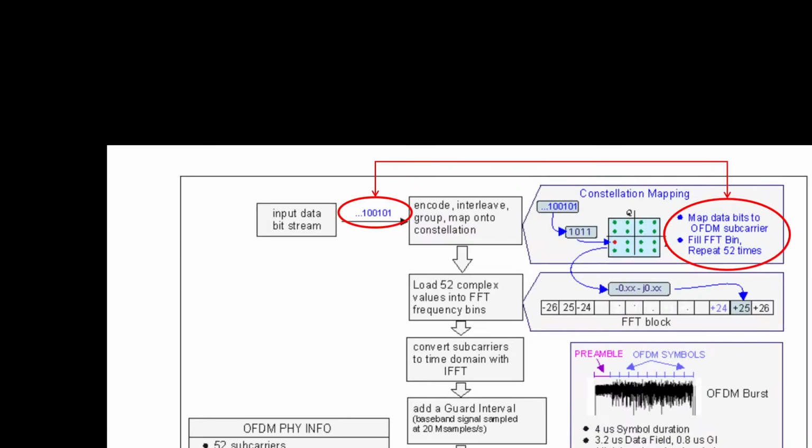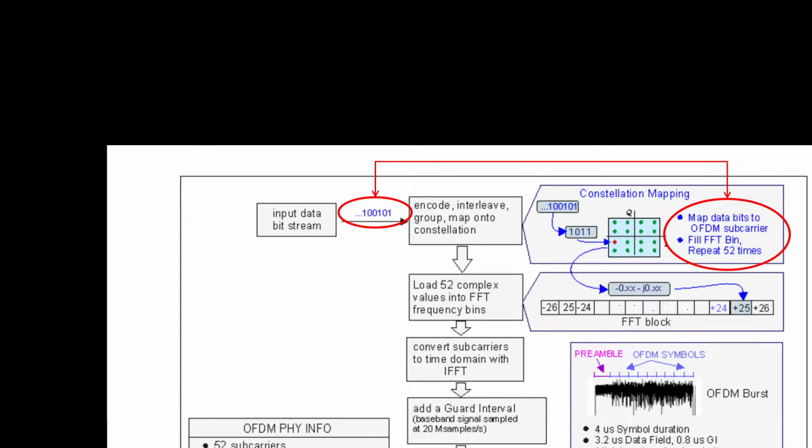So the data is transformed into FFT blocks: encode, interleave groups, map onto the constellation, and load 52 complex values into the FFT. You load into the blocks and convert the subcarriers to the time domain.